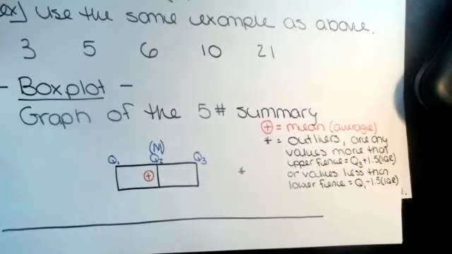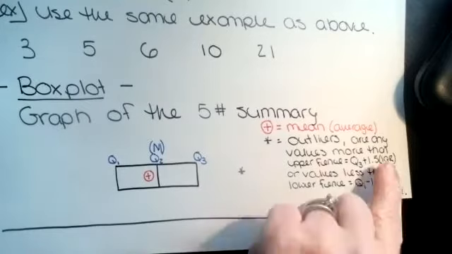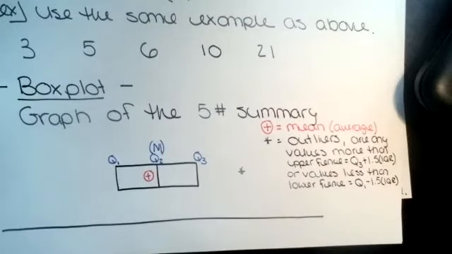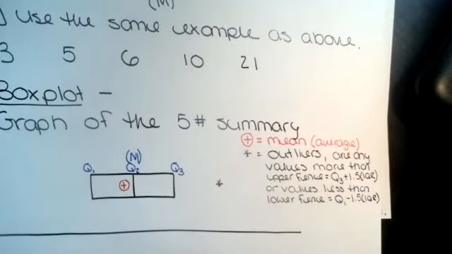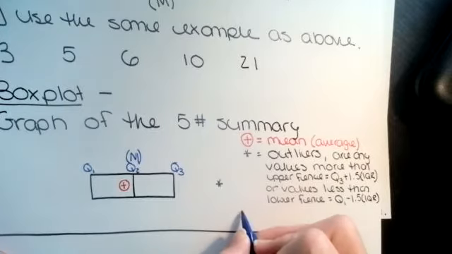So when you're doing this, you'll actually compute that and find if you have any values outside there. Then what we also have is what we call whiskers, and that's like these little horizontal lines.